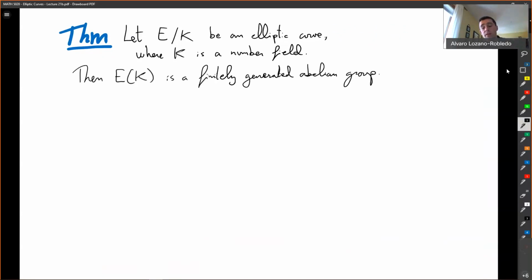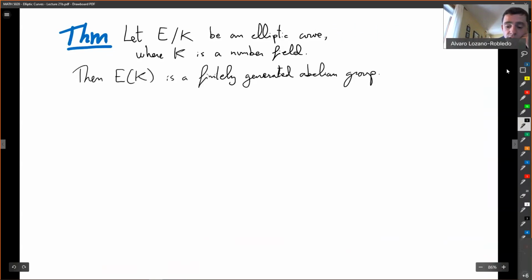What that means is that there are finitely many points that geometrically, with our addition law, are going to generate the entire group. So you can write it like that if you want.